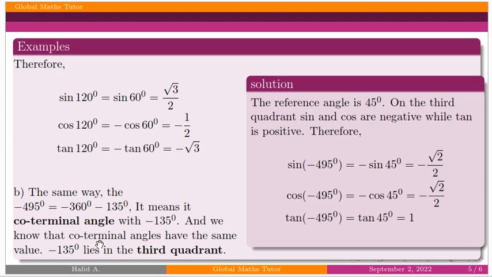Since minus 135 degrees is coterminal with minus 495, they have the same values. This angle has a reference angle of 45 degrees. So for 45, we find the sine, cos and tan values, and then in the third quadrant only tan is positive and the others are negative.